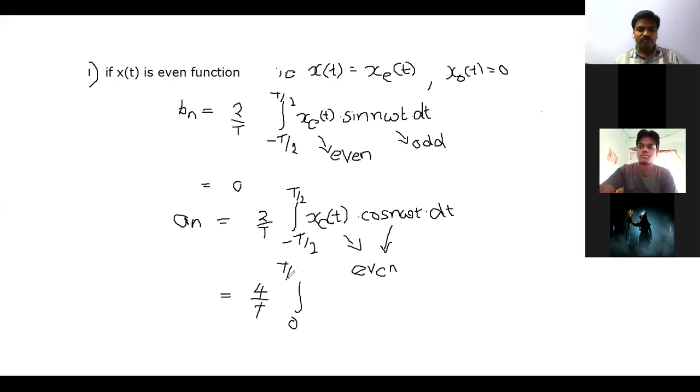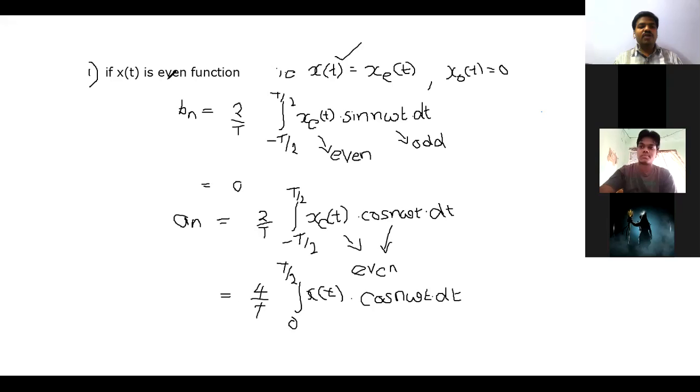Earlier we saw that as per even symmetry, the integral from minus T by 2 to T by 2 can be written as 2 into the integral from 0 to T by 2. Here x e of t and x of t are the same, because we have taken x e of t equal to x of t. So x of t multiplied by cos n omega t into dt.